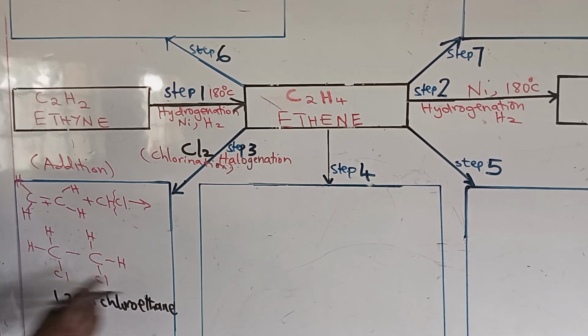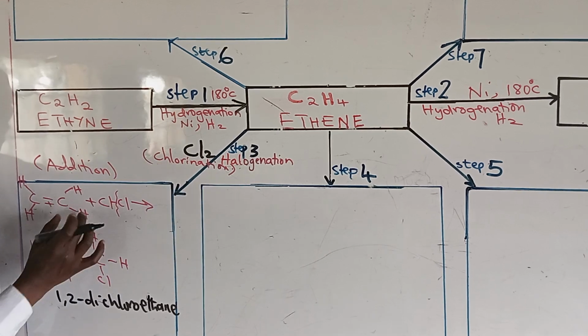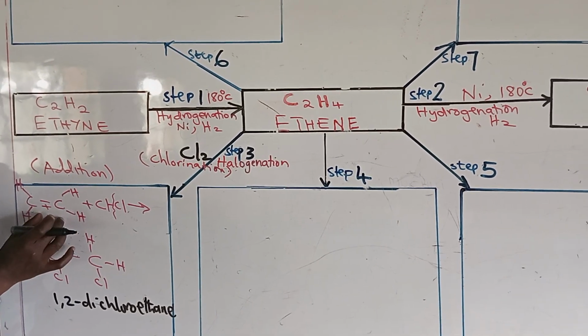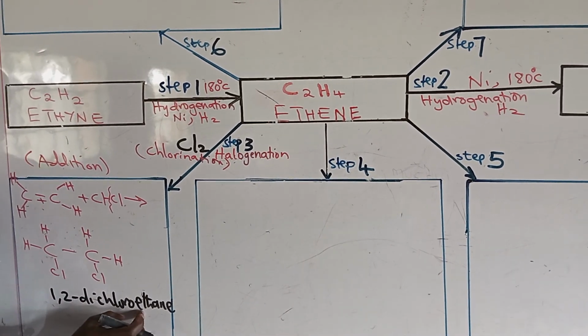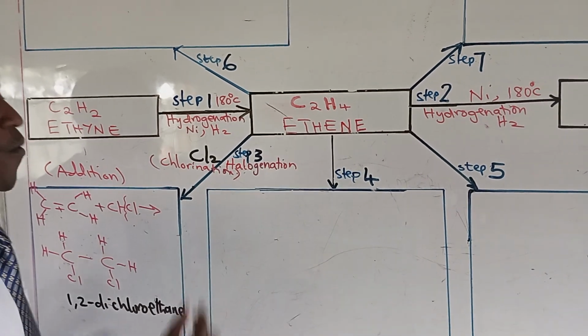That is halogenation, addition of chlorine across the double bond in an alkene. Specifically in our question here we are using ethene, so it becomes 1,2 dichloroethane. Let us move on to step number 4.